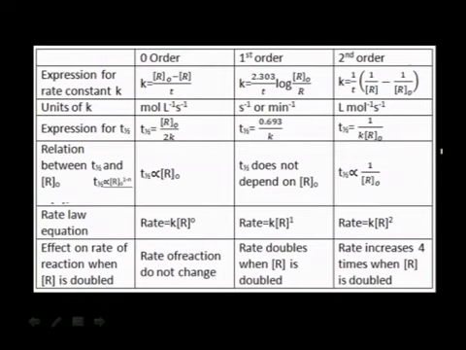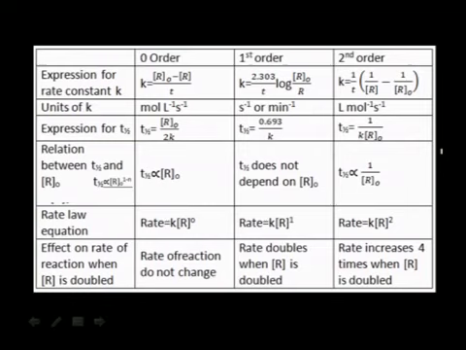For a zero order reaction, T half is equal to R naught by 2K, for a first order reaction T half equals 0.693 by K, and for a second order reaction T half equals 1 by K into R naught. When we consider the variation of T half with initial concentration, for all order reactions, T half is proportional to R naught to the power 1 minus n, where R naught refers to the initial concentration of reactant and n refers to the order of reaction.